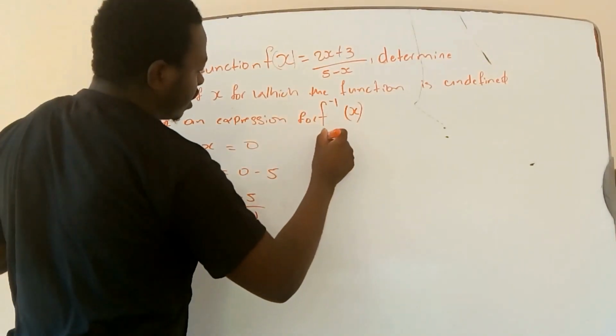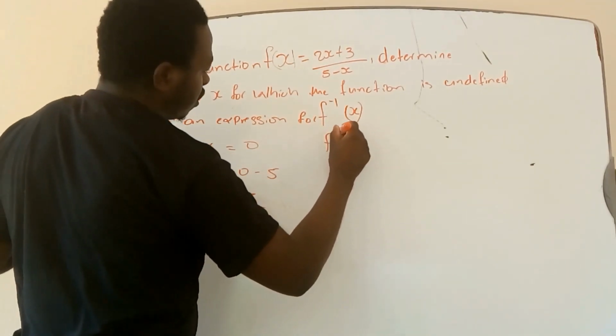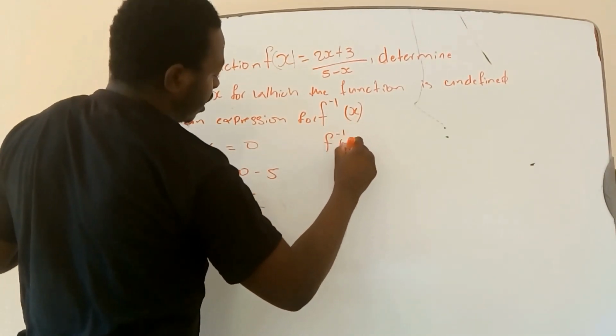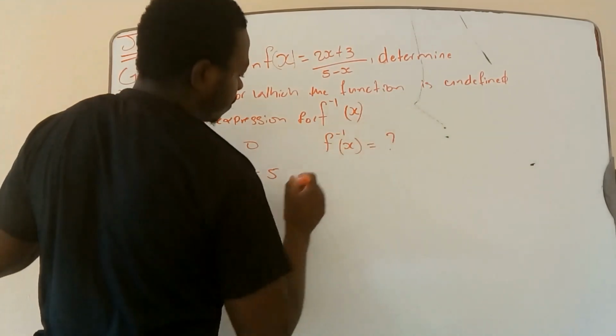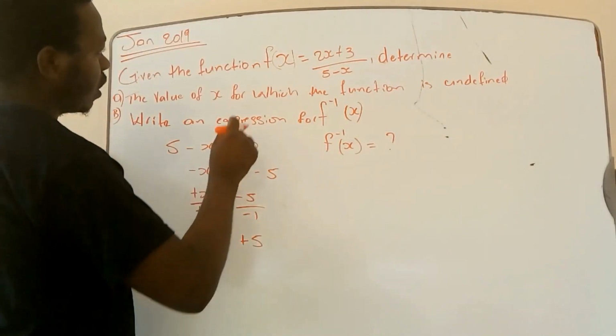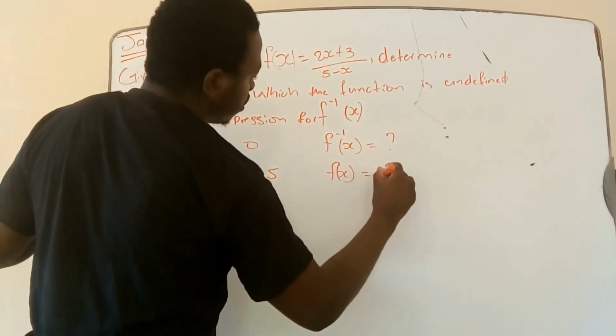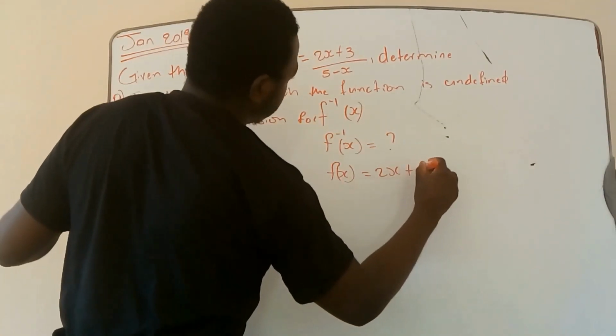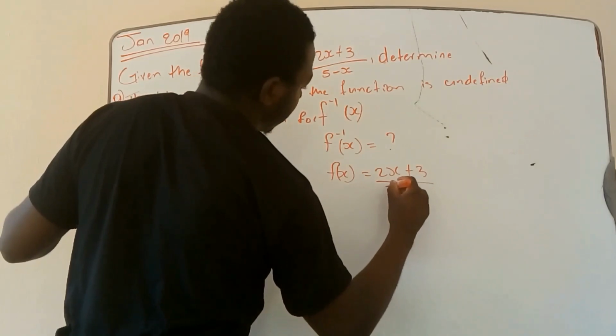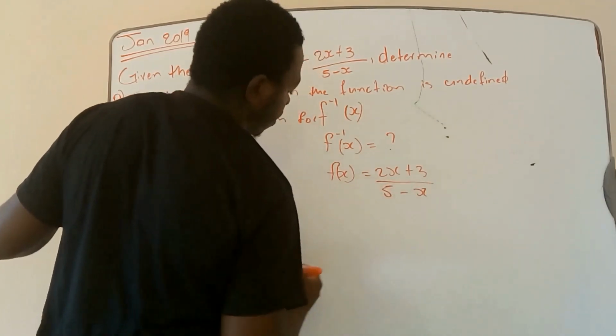So they want us to write an expression for f inverse of x. Again, we know that f of x is equal to 2x plus 3, all divided by 5 minus x.